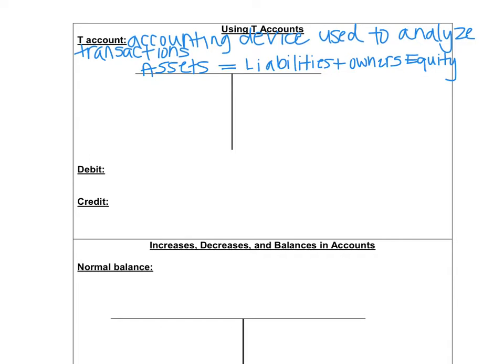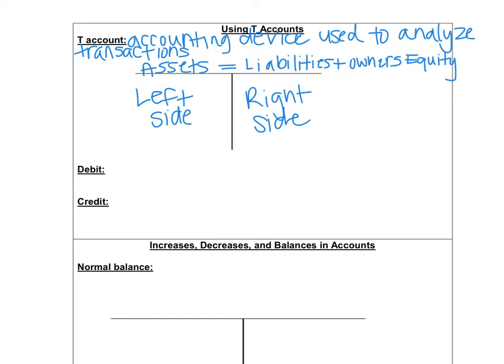Okay, so all of our assets are going to be on the left side of this T account because they're on the left side of the accounting equation. And then all of the liabilities and owner's equity go on the right side of the T account.